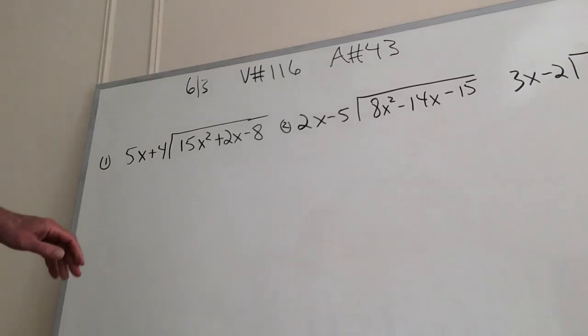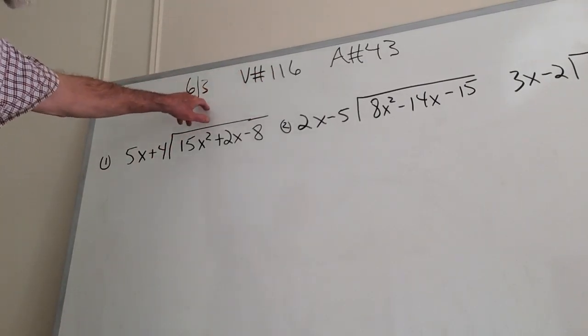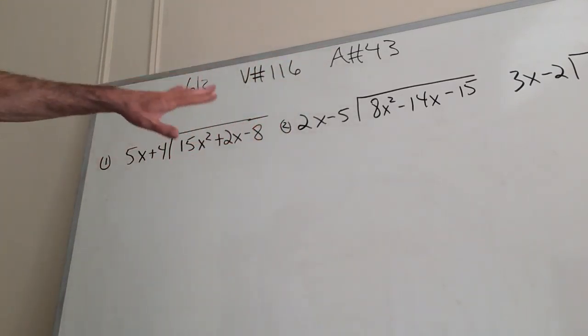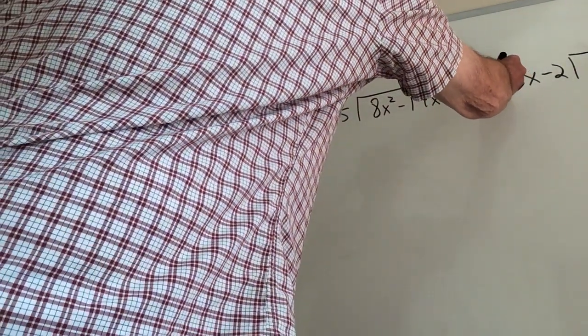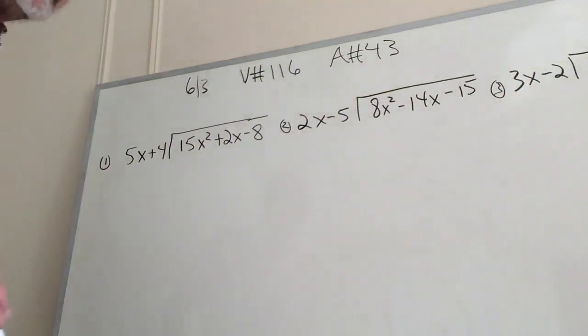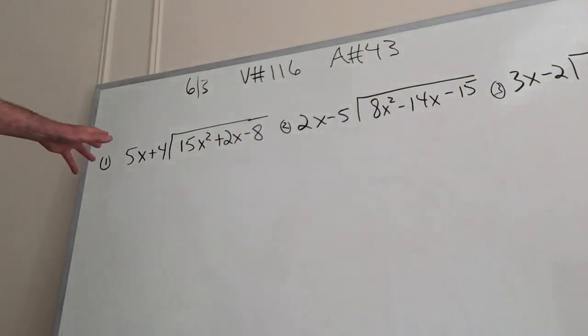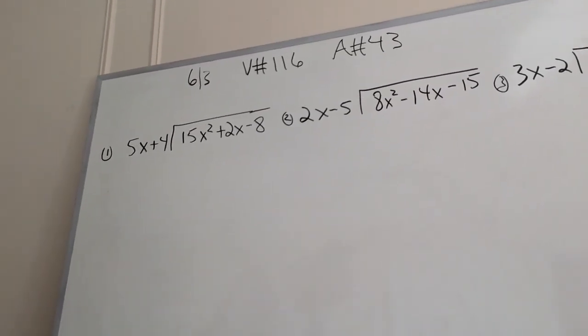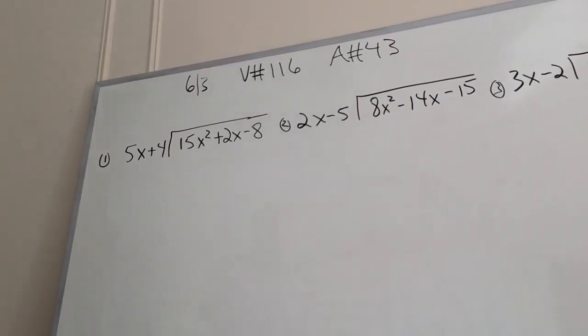Okay, so this video, number 116, today's 6-3, is strictly about the assignment that I gave you the other day, this is number 3 here, sorry about that. Like I said, I've traditionally been concerned that kids get confused here, so I want to go over this again.